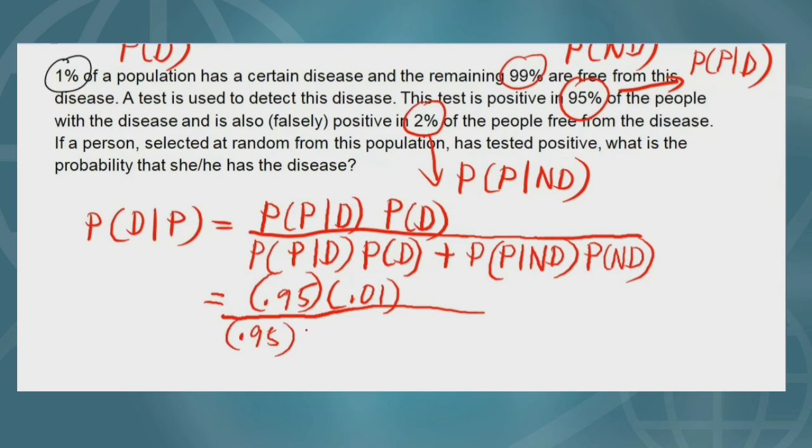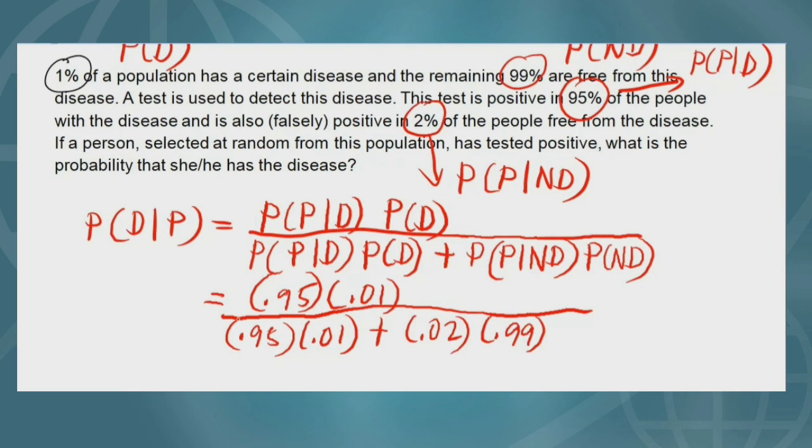So 0.95 times 0.01, then plus, probability of tested positive, having no disease, so that is 2%, so 0.02, times probability of free from disease, so 99%, so 0.99.